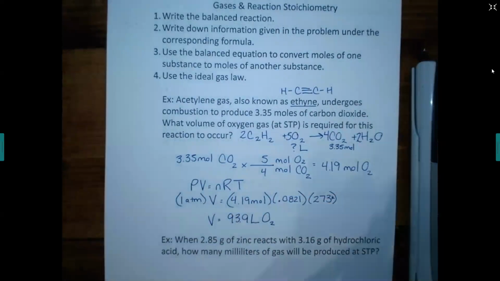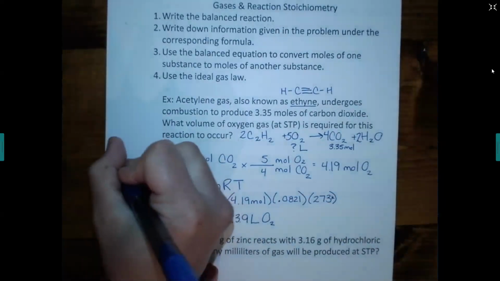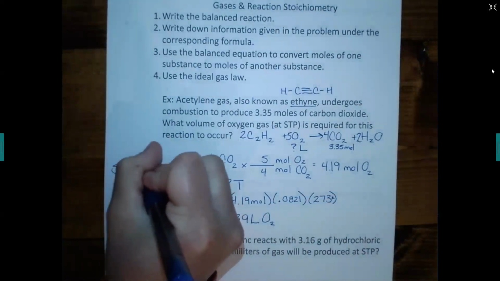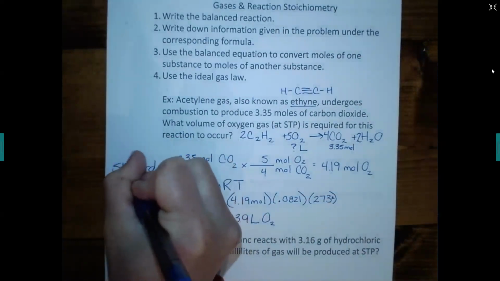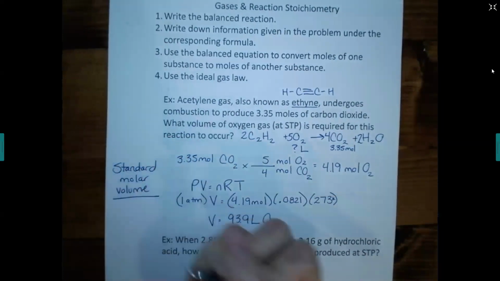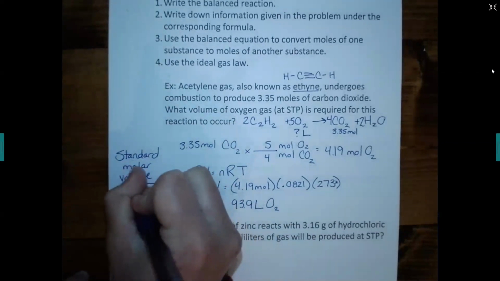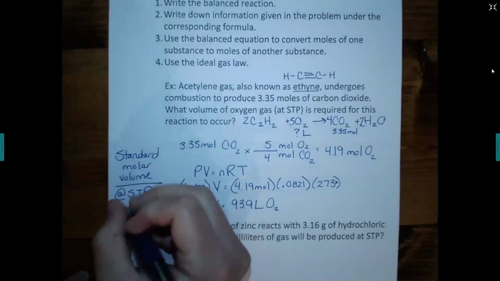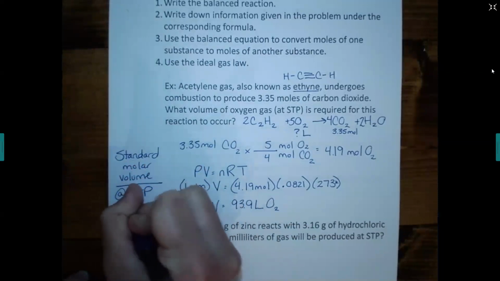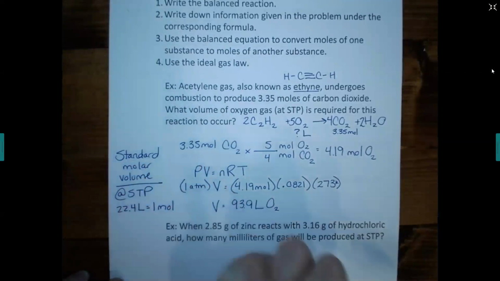Now, I'm going to throw another little curveball at you. There is a thing known as standard molar volume. Standard molar volume says that at STP, 22.4 liters is equal to 1 mole.